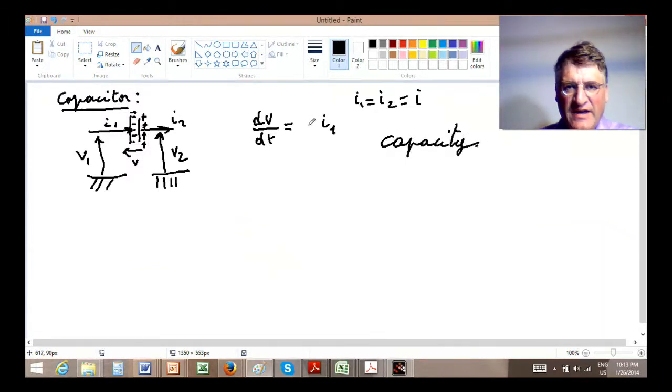Okay? And the notion of capacity is such that the larger the capacity, the more you can store electrons into the capacitor. So what that means is that the voltage across the armature should go slowly as a function of the intensity. And so what we get is that C times dV/dt is equal to I1.